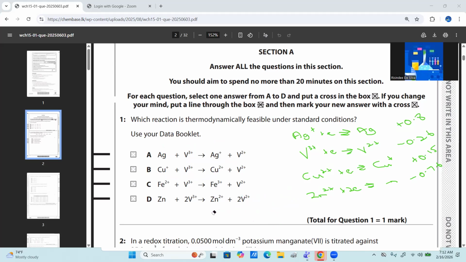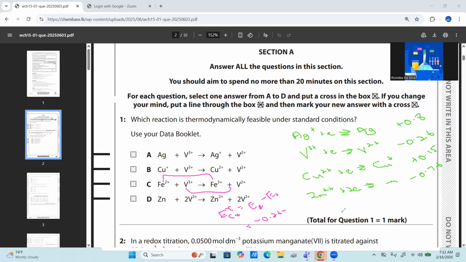If you take C, you can see iron is undergoing oxidation, vanadium is undergoing reduction. So E naught cell is E reduction minus E oxidation. Reduction is minus 0.26. Oxidation is, okay, I didn't write the iron E naught value, so we'll see that also.